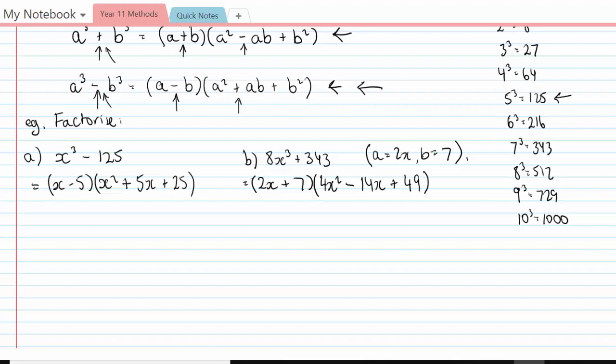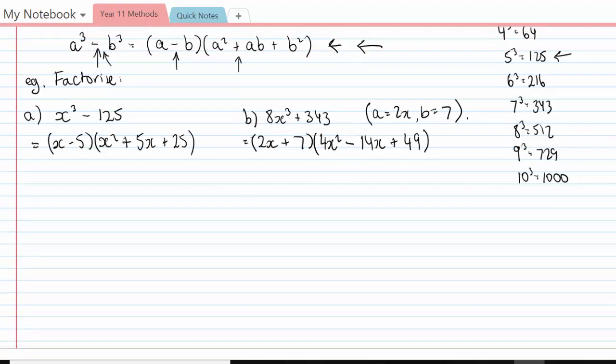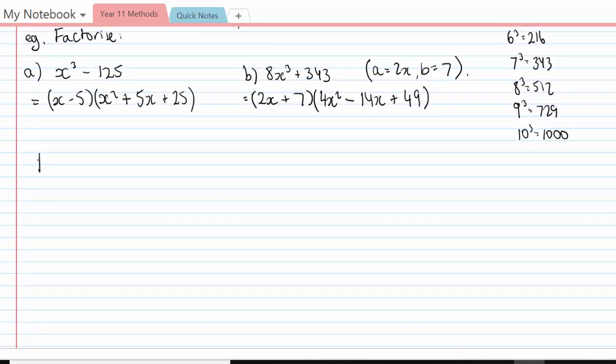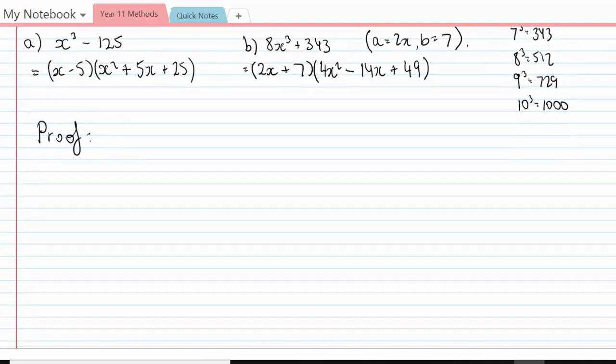So let's start off, instead of dealing with a cubed plus b cubed, I'll treat it as x cubed plus a cubed. To factorize this, as we looked at in the other videos, we have to guess our first factor. So we want to guess something which is going to make this equal 0.